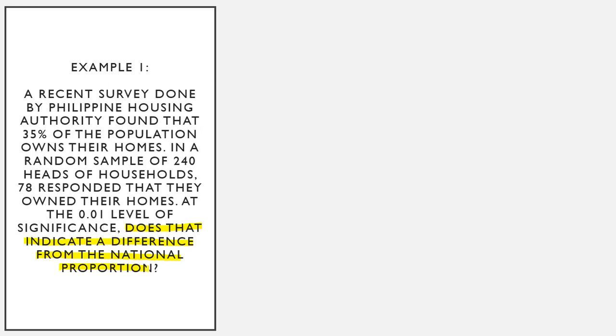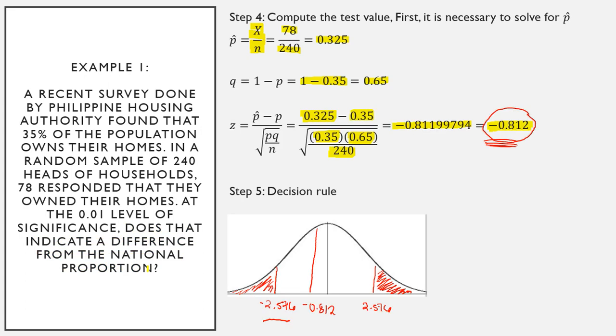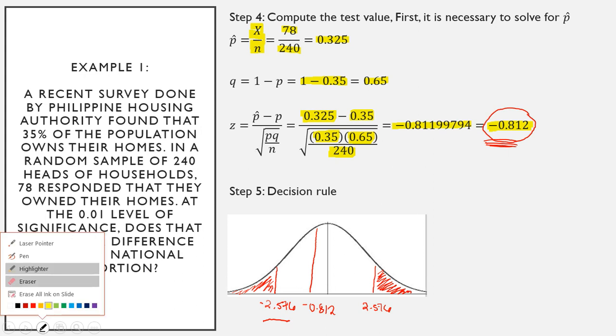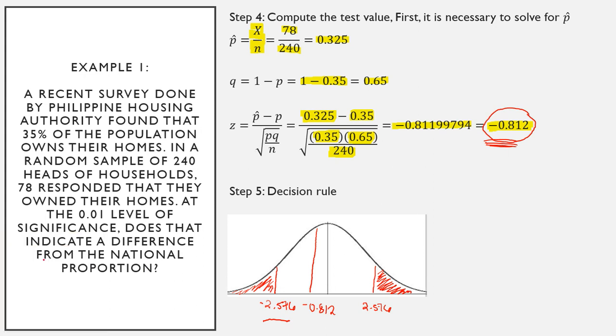And then someone asked about the computation itself once we put it on your calculator. Again, just be careful with the use of the parentheses. So this is what we will do on the calculator.